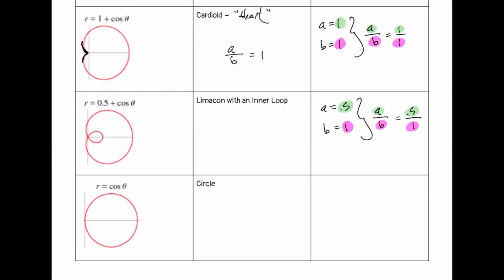So A over B is going to be less than 1, but it's also going to be greater than 0. When you change that ratio to be a fraction between 0 and 1, you get this new part, which we call an inner loop. So we get the cardioid with the bonus inner loop.